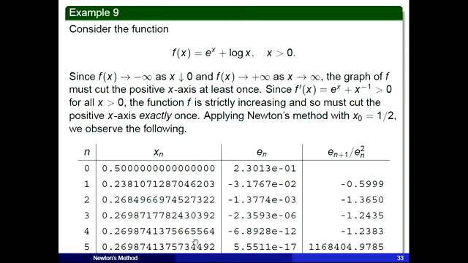See, the trick is, look, what is the error here? The error is 10 to the minus 17. And what is machine epsilon? 10 to the minus 16. So this one, the error is below machine epsilon already.